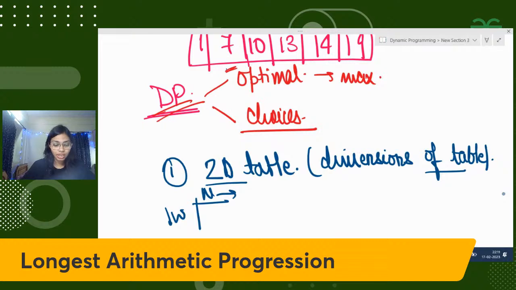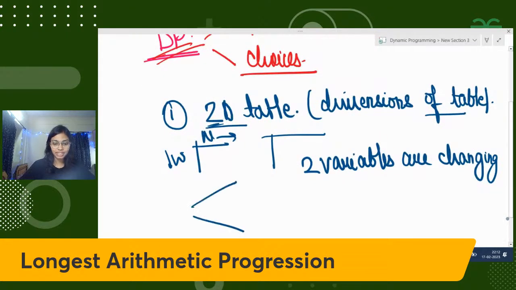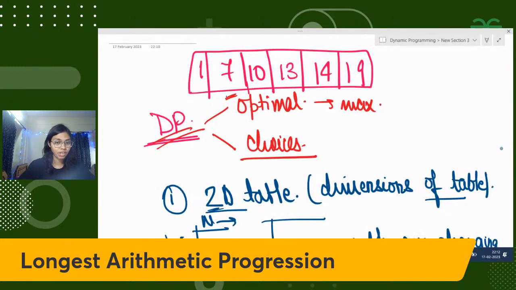So here, that is a very correct answer: state variables change. I have given you a hint that we are going to use a 2D table, which means that two variables are changing. Can anyone tell me what those two variables are, if we are finding the longest AP?